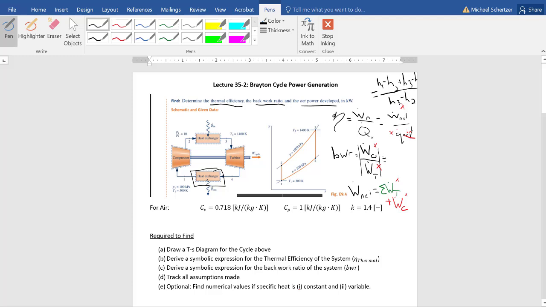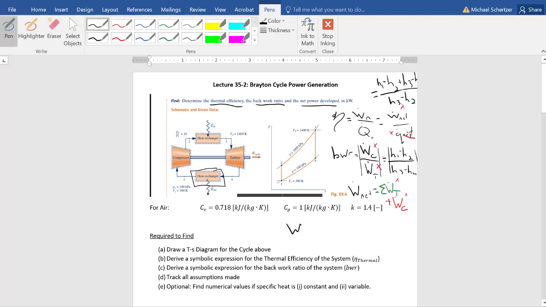My backwork ratio is going to be, because again, the mass flow rates here are the same, from my compressor, H1 minus H2, although that's a negative number, so I'll have to remember to take the absolute value of all this. And the turbine is going to be H3 minus H4, and here I'll take the absolute value.